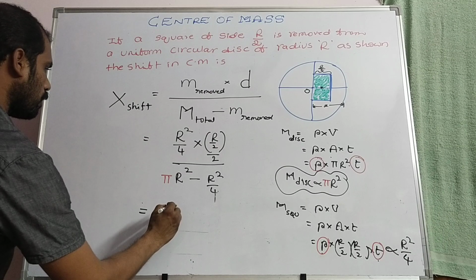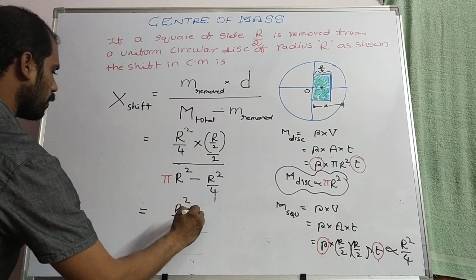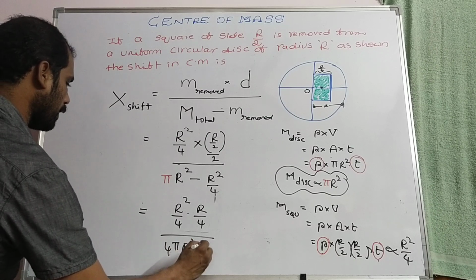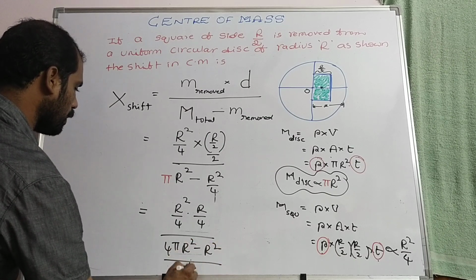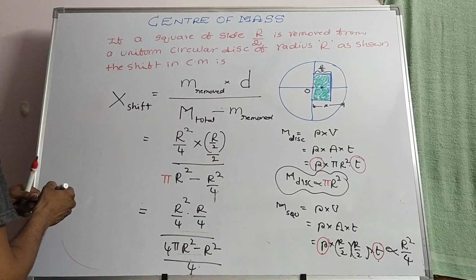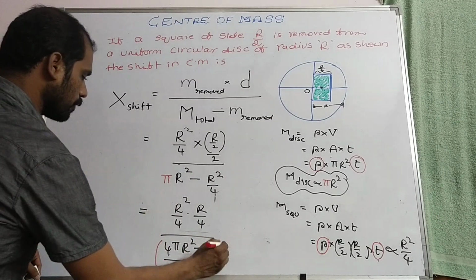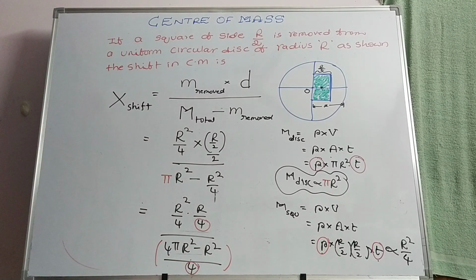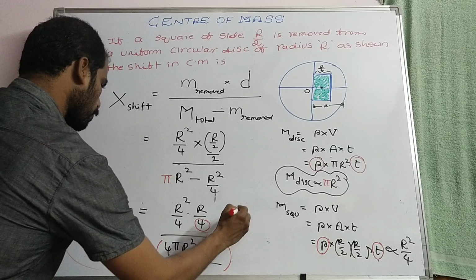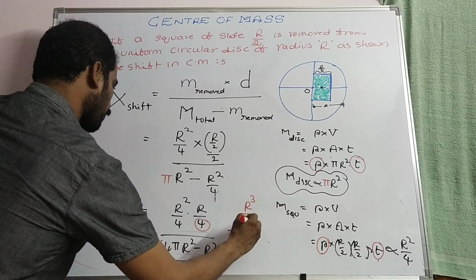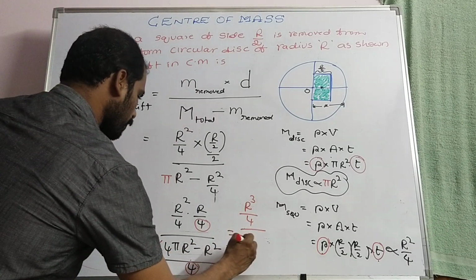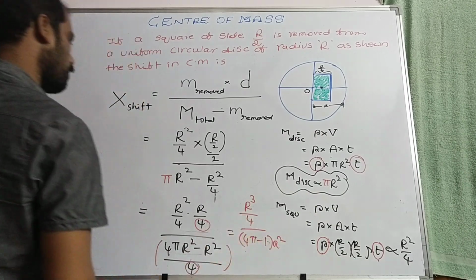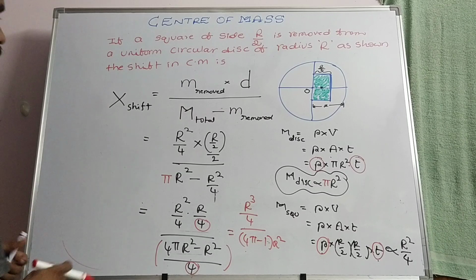That is equal to r square by 4 into r by 4 over 4 pi r square minus r square by 4. This 4 and 4 get cancelled, the 4 in the numerator and 4 in the denominator. So that is equal to r cube by 4 into 4 pi minus 1 into r square.